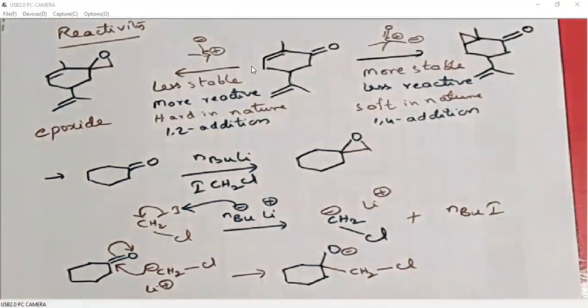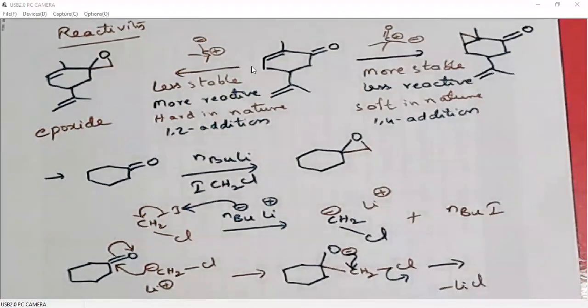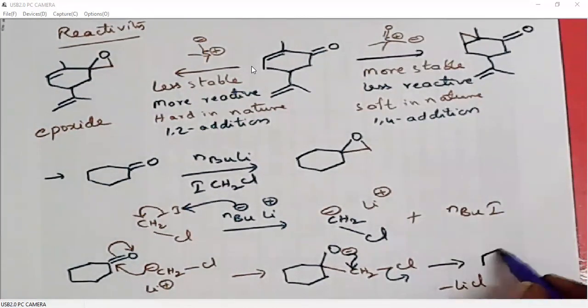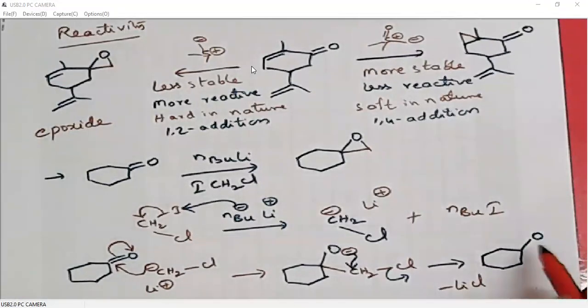Now it will undergo neighboring group participation. The oxide ion will attack the carbon because chlorine is a good leaving group, so it leaves as chloride ion, giving lithium chloride and the epoxide.